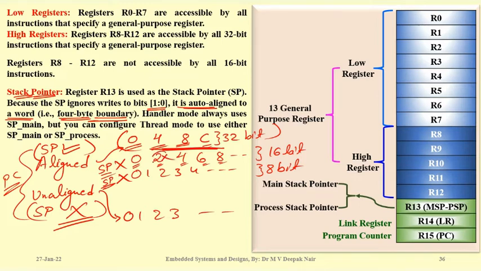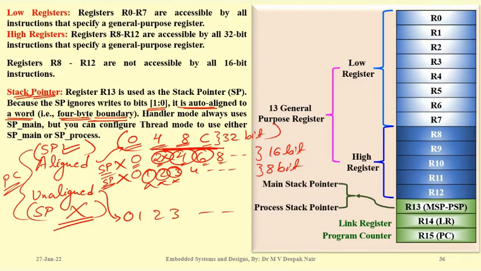These memories are not allowed in the stack pointer. 1, 2, 3, these are not allowed. Anyone having any doubt in this part? What is the constraint of the stack pointer and what are the constraints of the program counter, aligned and unaligned memory? If you have, you can ask again.